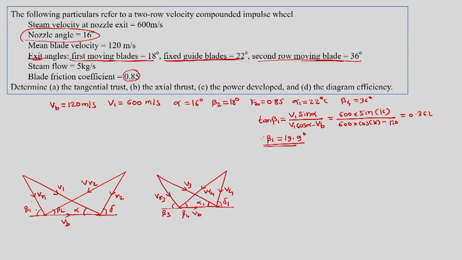So we found beta 1. Now we can find VR1, since VR1 sine of beta 1 is equal to V1 sine of alpha. So VR1 is equal to V1 sine alpha divided by sine beta 1. So it is 600 into sine of 16 divided by sine of 19.9.